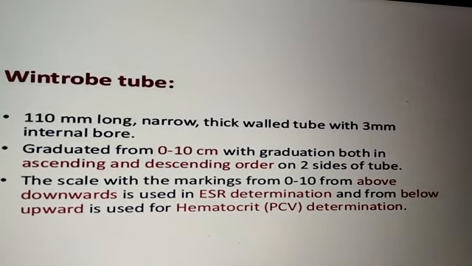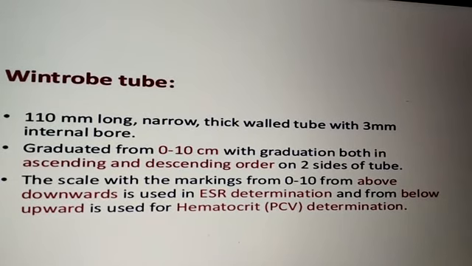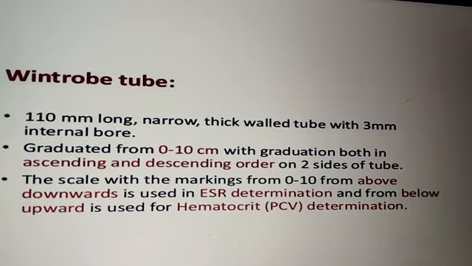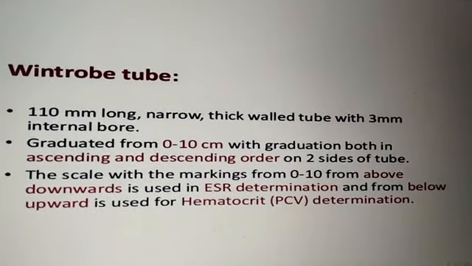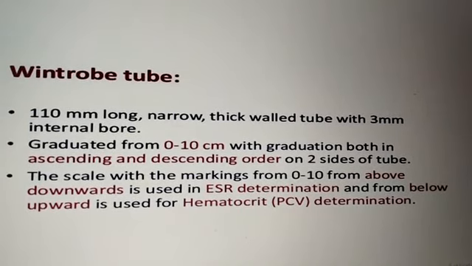The scale with the marking from 0 to 10 from above downwards is used in ESR determination, and from below upward is used for PCV determination. That means this Winthrop tube is used for both ESR and PCV experiments.